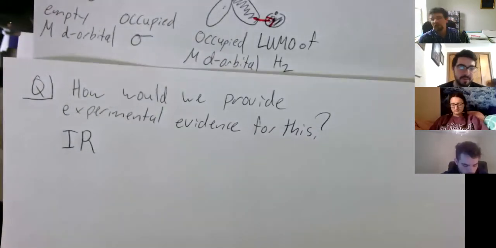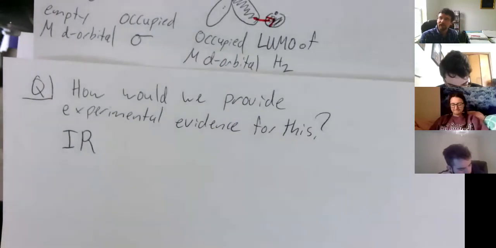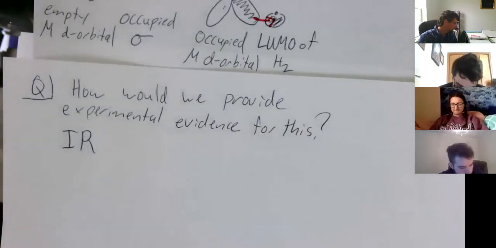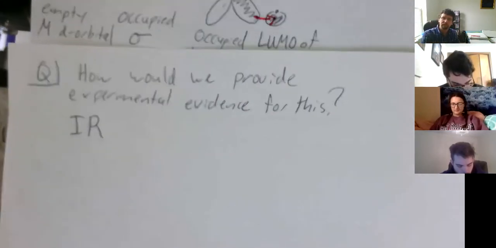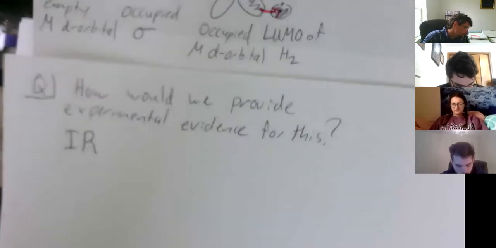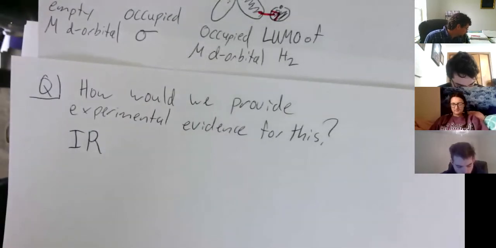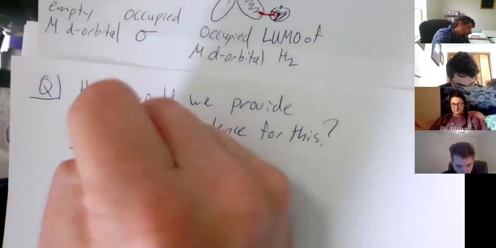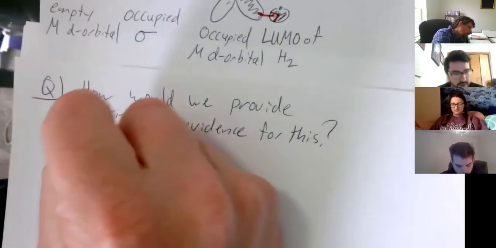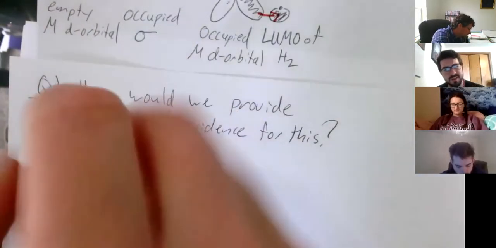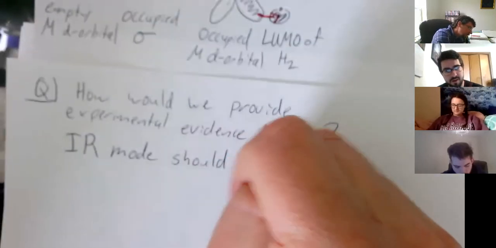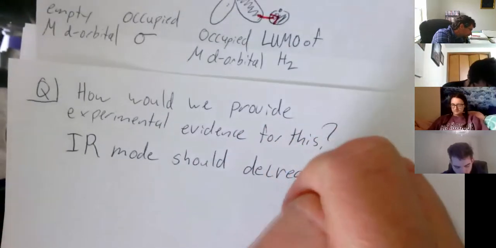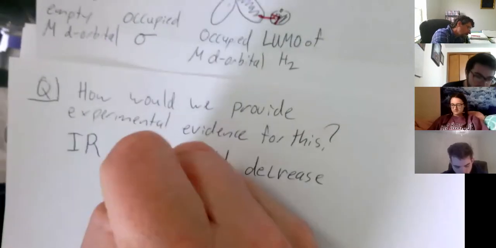So let's say we look at the IR of H2 by itself. What will happen to the wave number of that HH stretch? If it's going to an empty d orbital, is the wave number going to decrease? Yep. The IR mode should decrease in wave number.